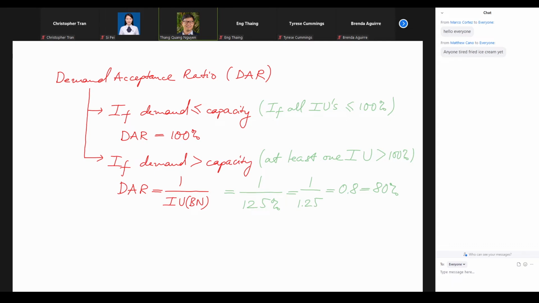By the way, what we are doing here is also very similar to part 3 of the project. In part 3, you need to do everything in Excel, okay? For homework question 24, you don't have to do that in Excel, but for project part 3, you need to do this in Excel. So let me give you the equation in Excel so that you can find the DAR.